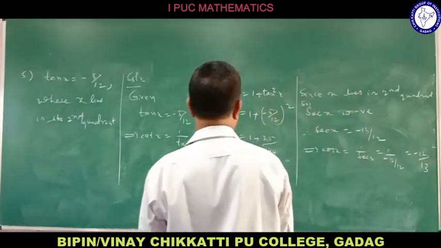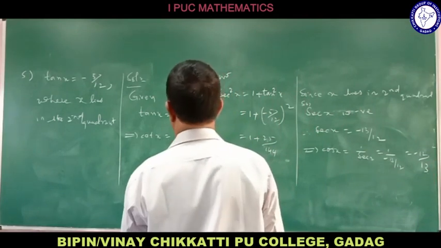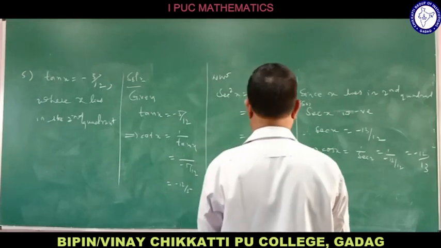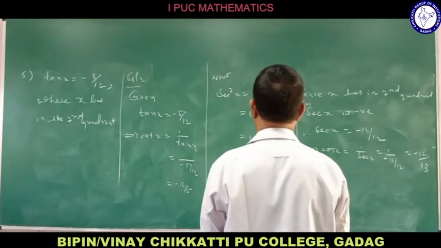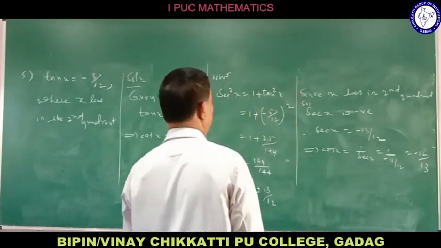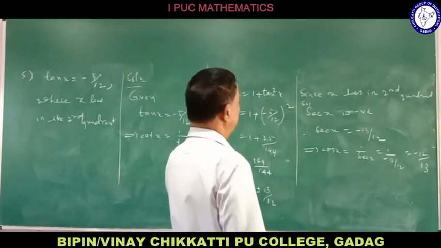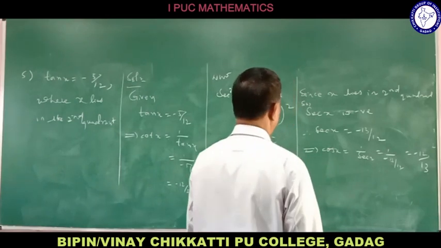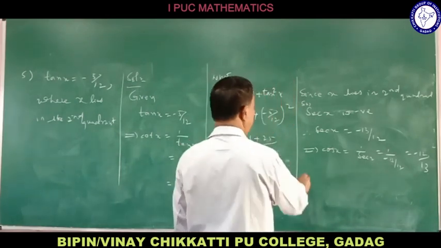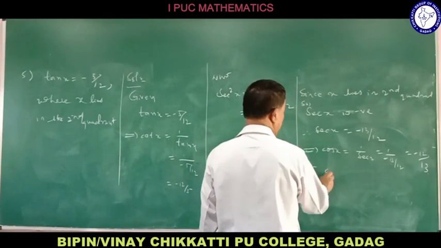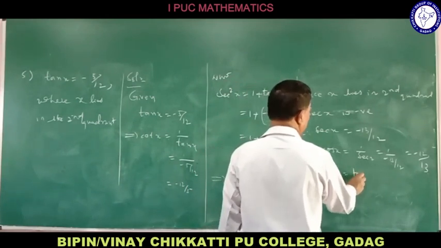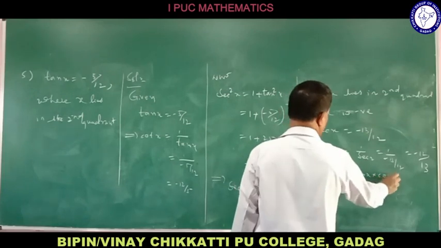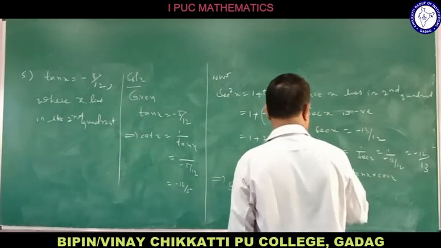So now you understand that cos x is equal to minus 12 by 13. Now tan x is there, you can use this formula: sin x is equal to tan x into cos x, because tan is sin by cos.